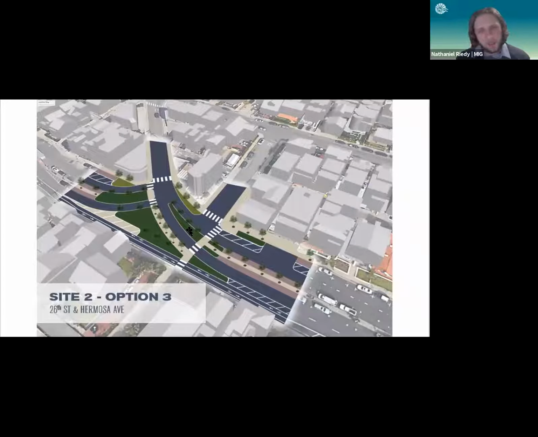This would need a traffic study, but could probably be controlled by stop signs like the existing condition is. It does have opportunities here to create sort of a green space on the west side of the road that could potentially be programmed as a parklet or something similar.